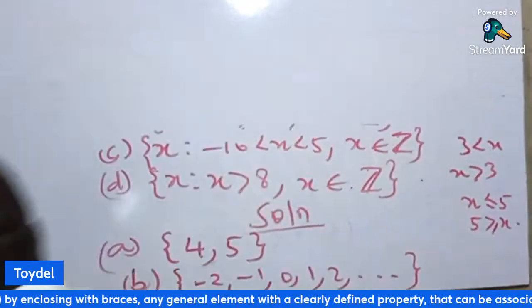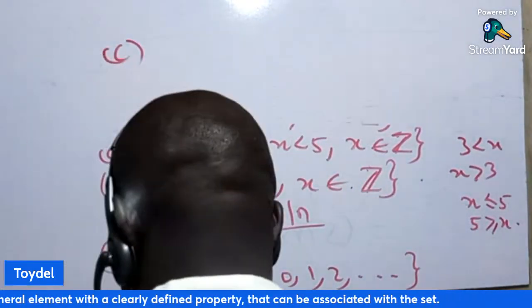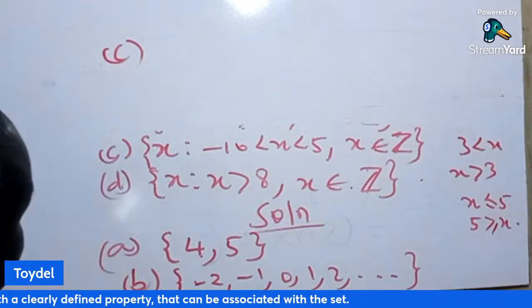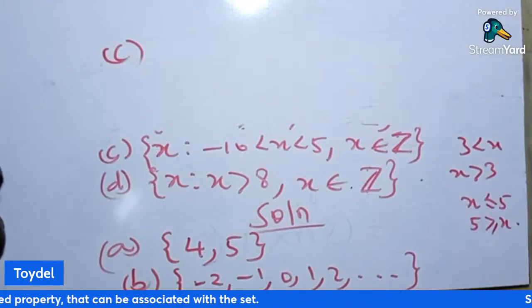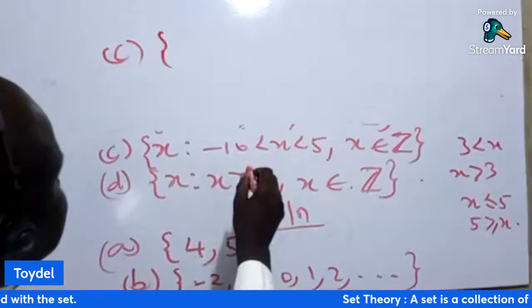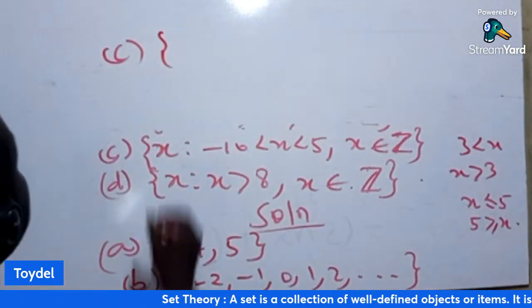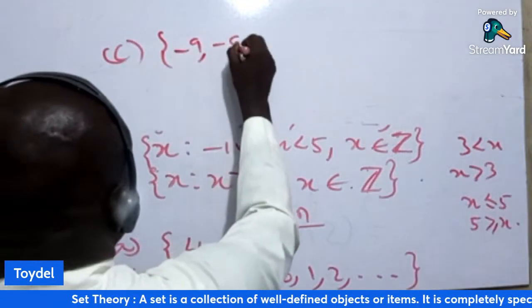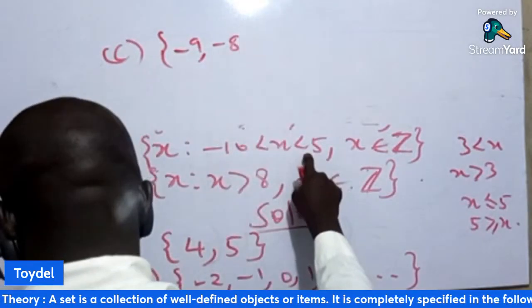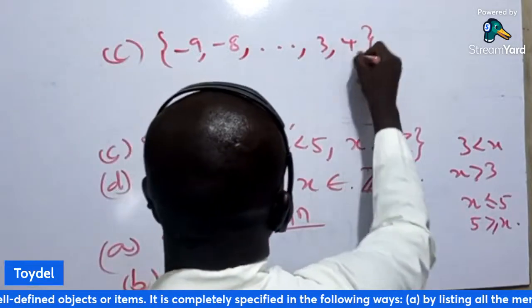The third one, C, we have x such that minus 10 is less than x, less than 5. Then what do we have there? If minus 10 is less than x, it simply means that x is greater than minus 10. Then the numbers that follow minus 10 are minus 9, minus 8. We are going to list out the numbers to 4: dot, dot, dot, 3, 4. These are the elements that we are going to have.